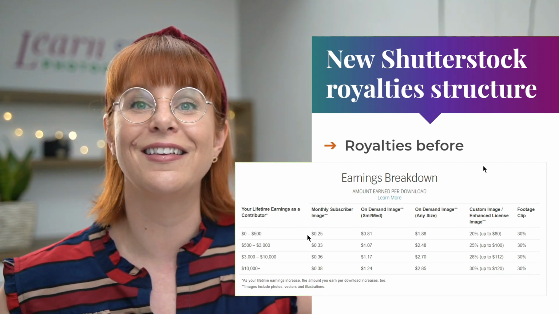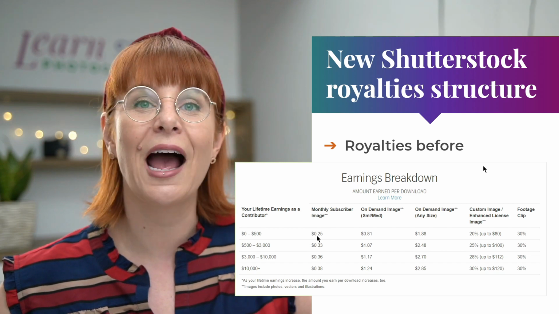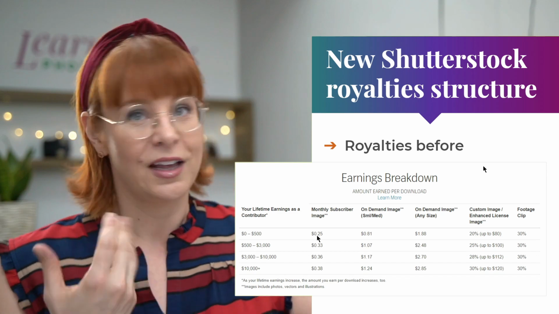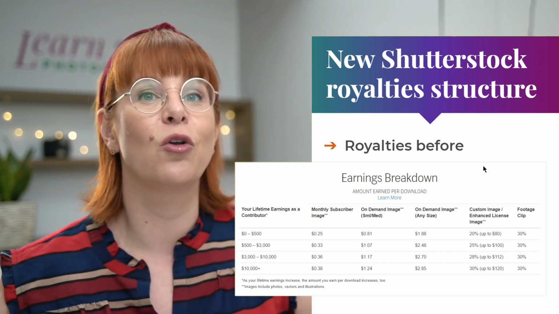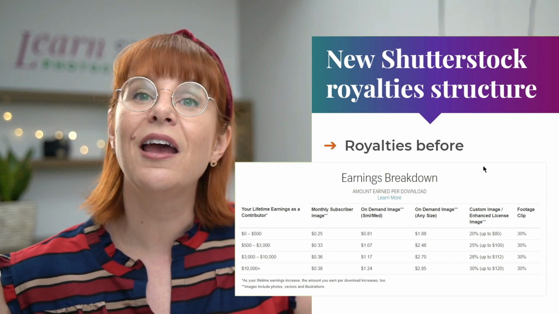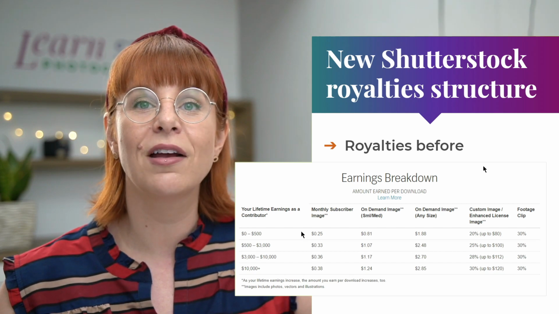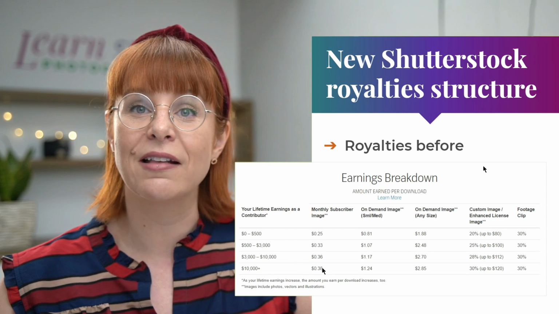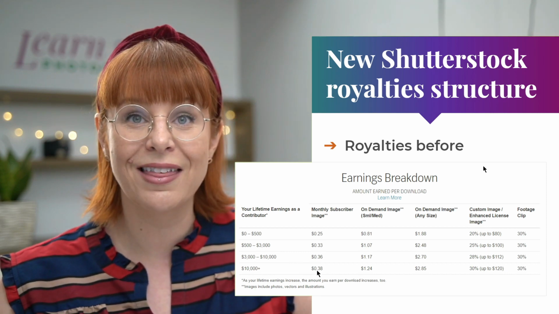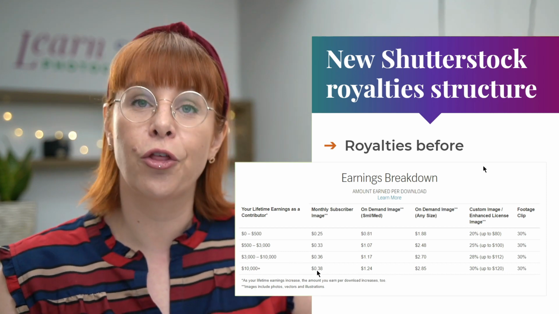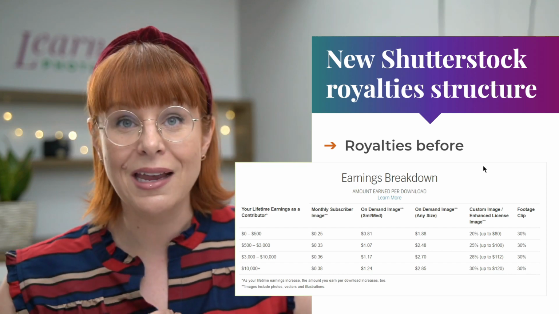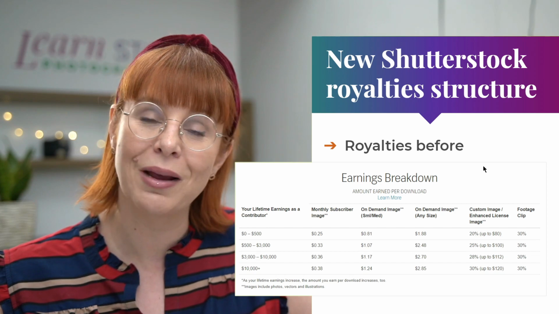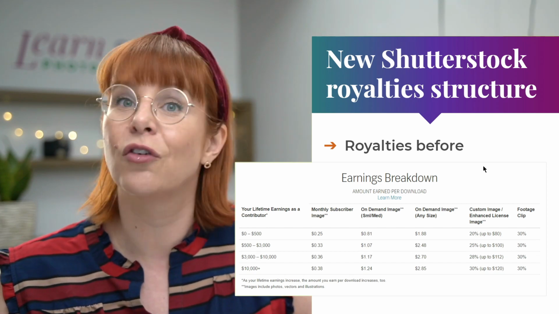Photographers with only a small amount of earnings, either because they only have a few images or they're new, earn a minimum of 25 cents for subscription-based images. Advanced photographers, who have earned more than $10,000, earn 38 cents per download. That's my case. I've been a contributor for 8 years, so my commission on subscription-based images has been 38 cents for a few years now.